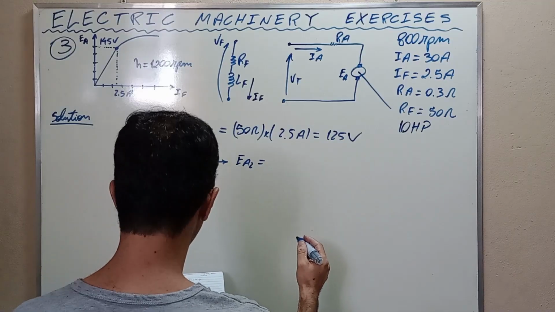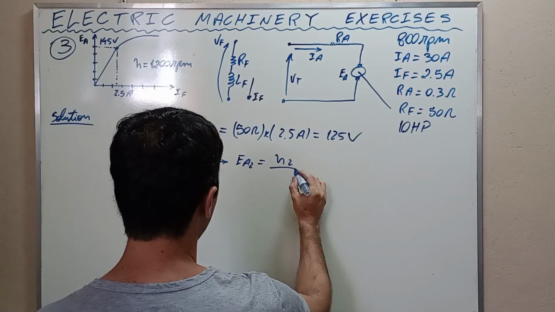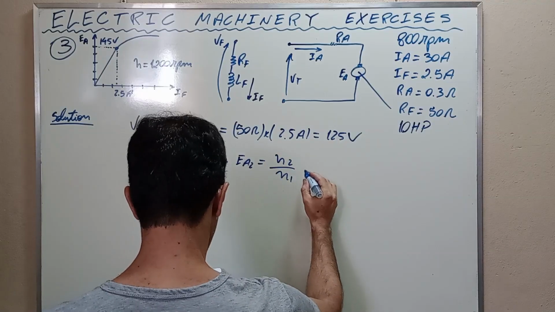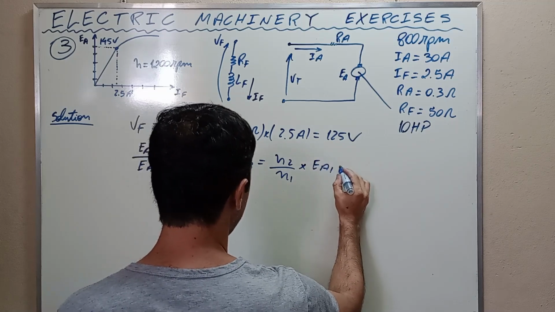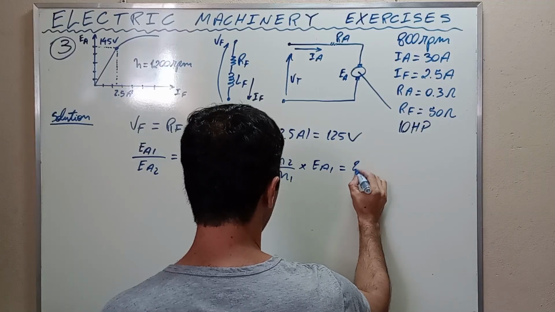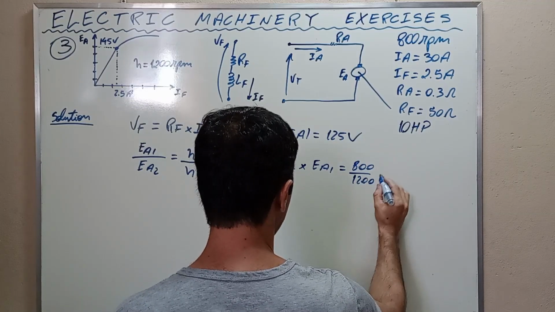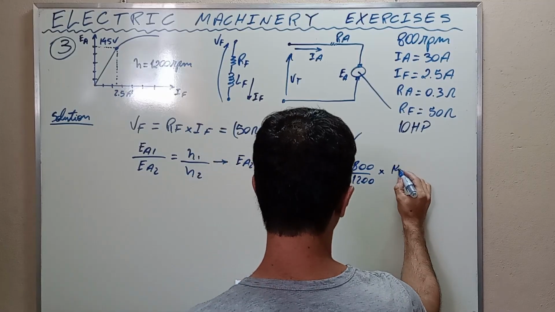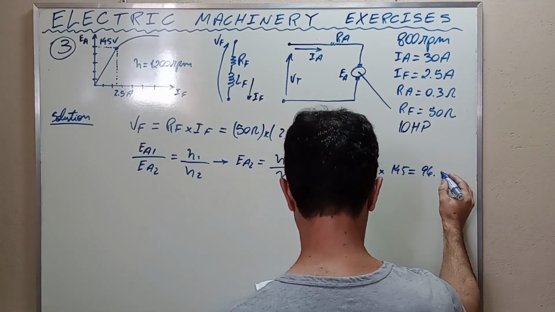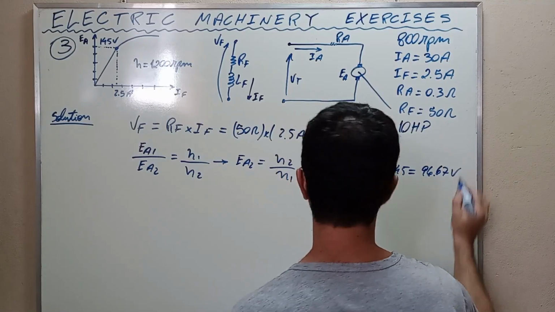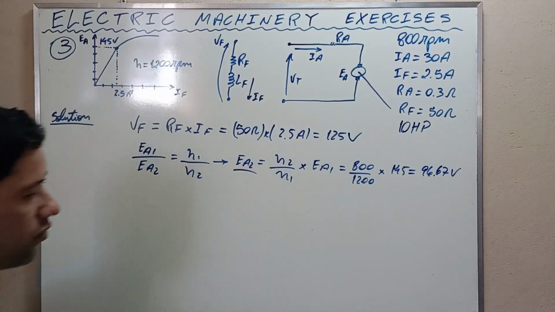So it's going to be the velocity 2 divided by the velocity 1 times EA1, and this is equal to 800 divided by 1200 times 145, and this is equal to 96.67 volts, okay? This is this value here.